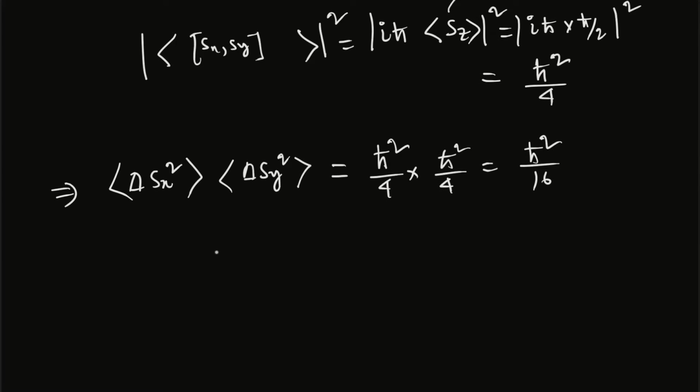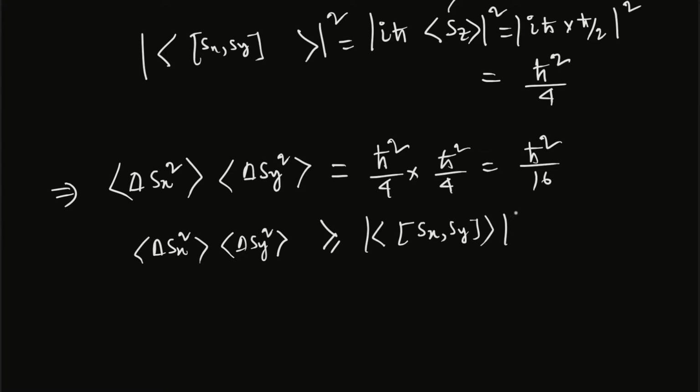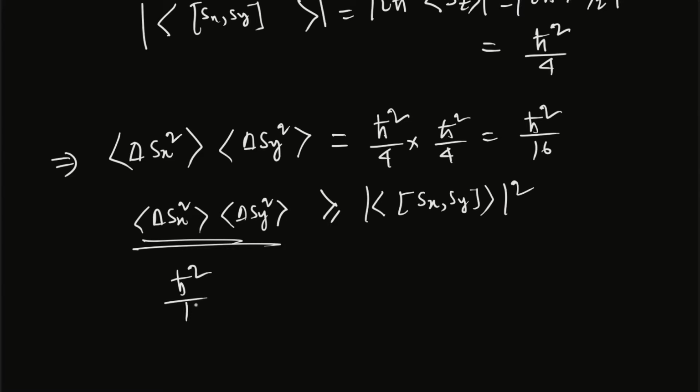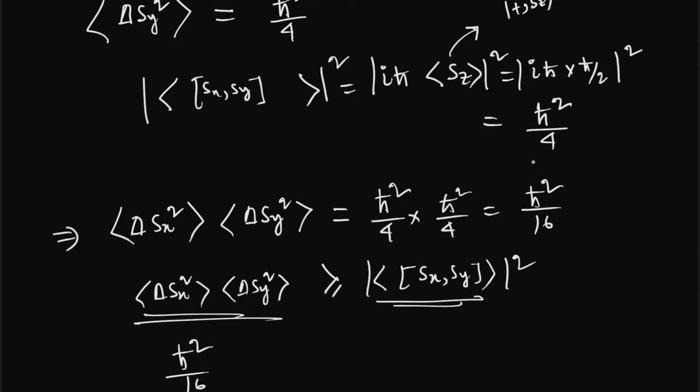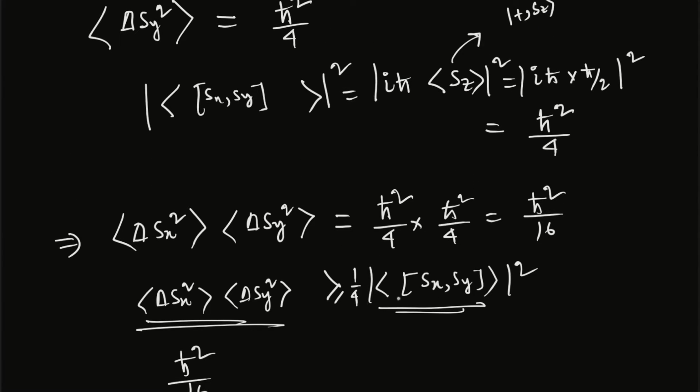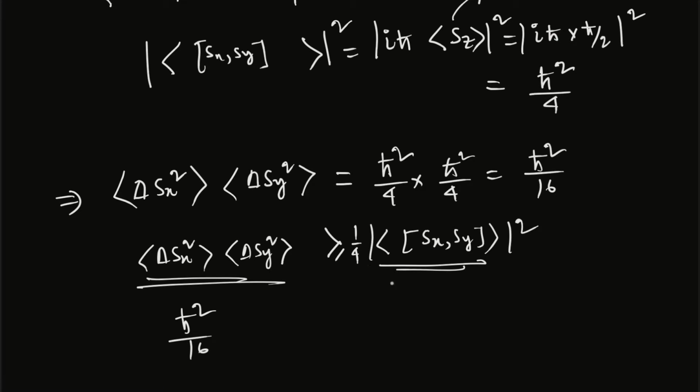From the uncertainty relation we know that ⟨ΔSx²⟩⟨ΔSy²⟩ should be greater than or equal to 1 by 4 times the expectation of the commutator of Sx and Sy, its square. This value is ħ⁴ by 16, and the right side is ħ² by 4 into 1 by 4, that is ħ⁴ by 16.